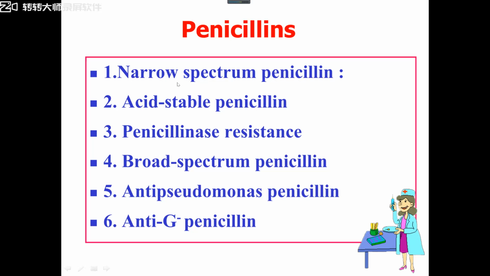We couldn't use it by oral administration, and after using it for several days there is drug resistance. So we add new groups to penicillin G, and then we have semi-synthetic penicillins. Next class, we will study semi-synthetic penicillins and we will study cephalosporins. Okay, class is over. See you next time.